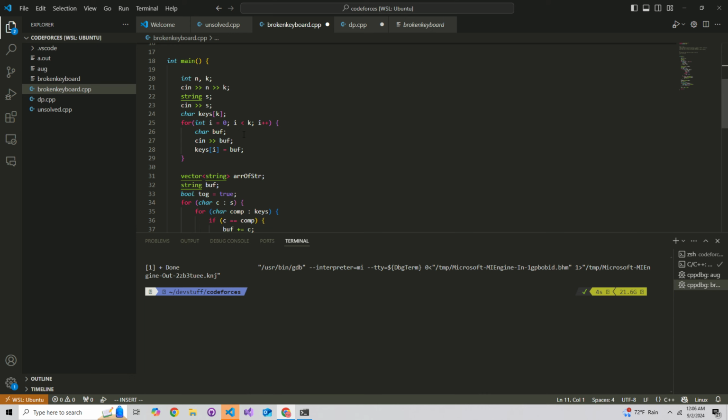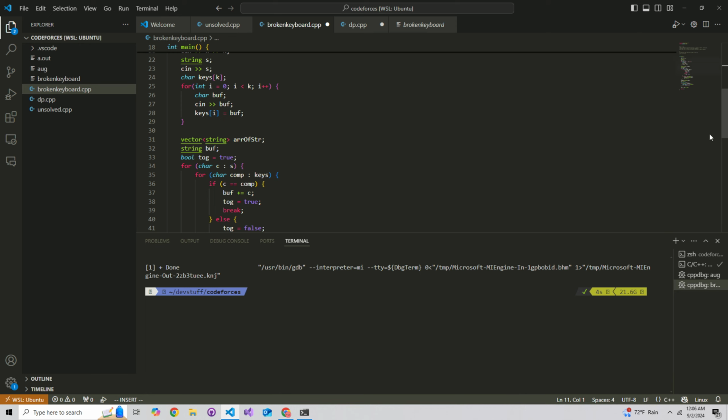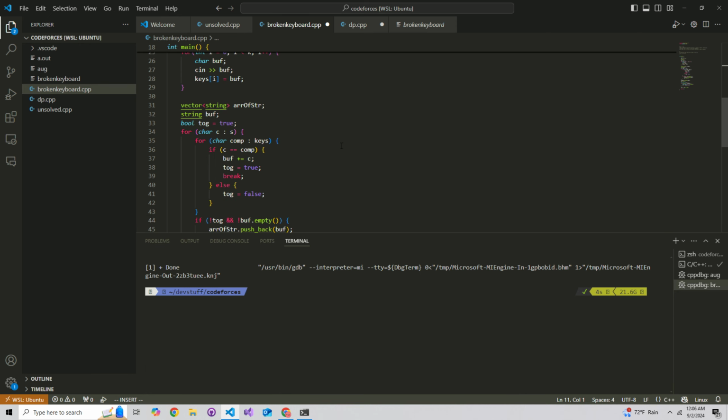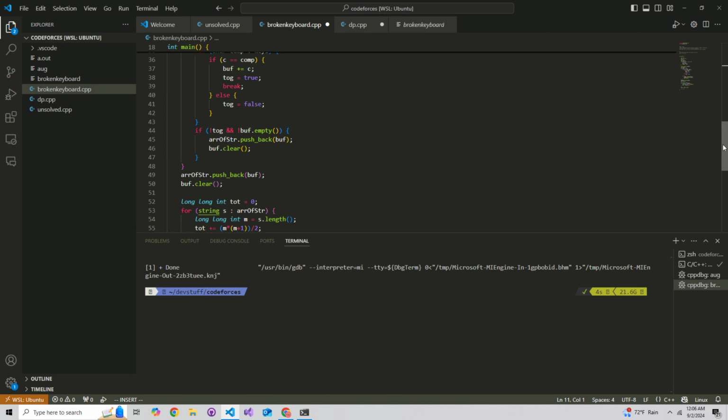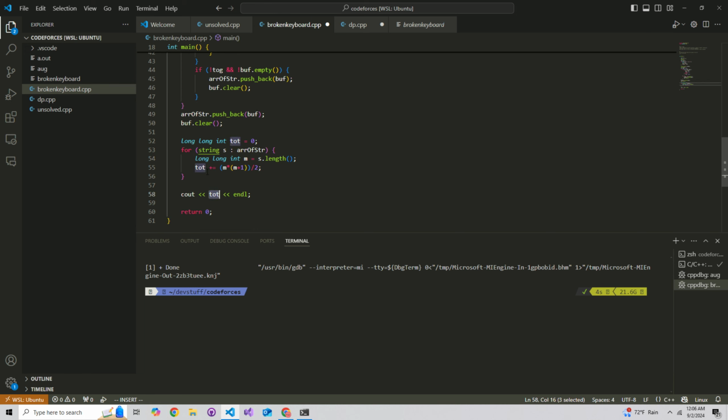But what I did is this very bloated thing, where I basically defined a vector of the strings. The idea was if I could get the substrings in a vector and then take the size of those substrings and run it through that formula, then I would be able to compute the total. So this is the formula right here, and then add the formula to the total for each string in the vector that I got from parsing together the substrings of the longer original string.